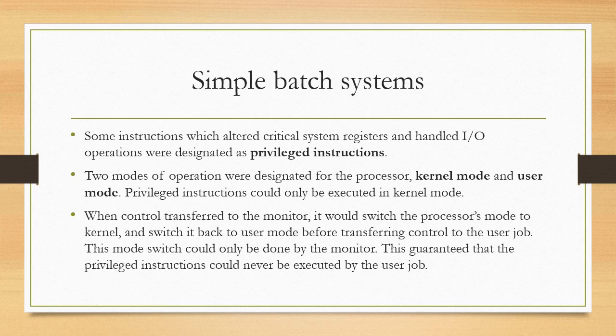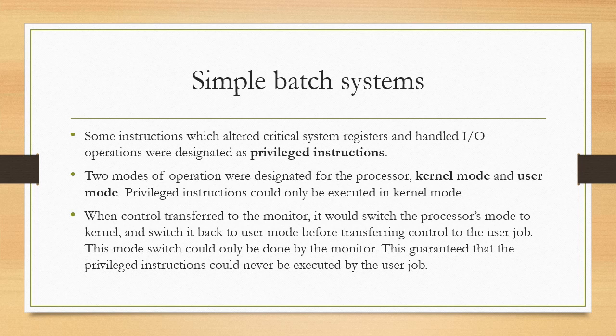Some instructions which altered critical system registers and handled I/O operations were designated as privileged instructions. Two modes of operation were designated for the processor: kernel mode and user mode. Privileged instructions could only be executed in kernel mode.